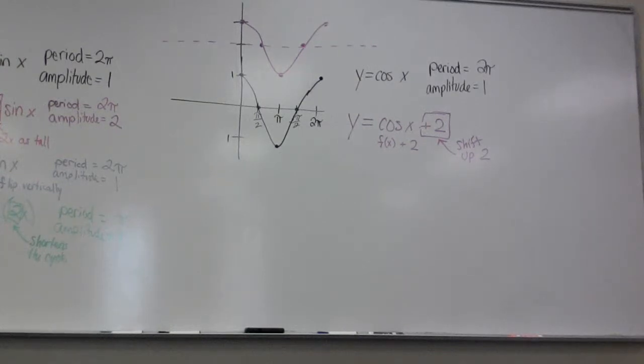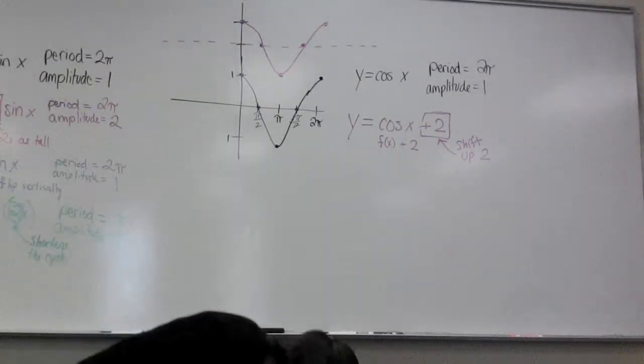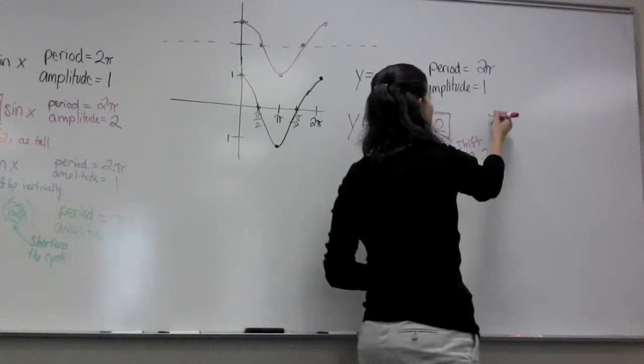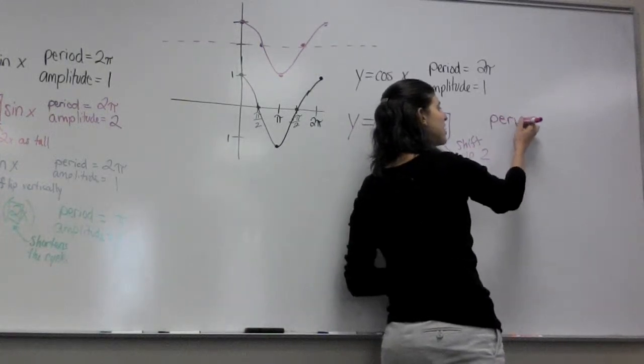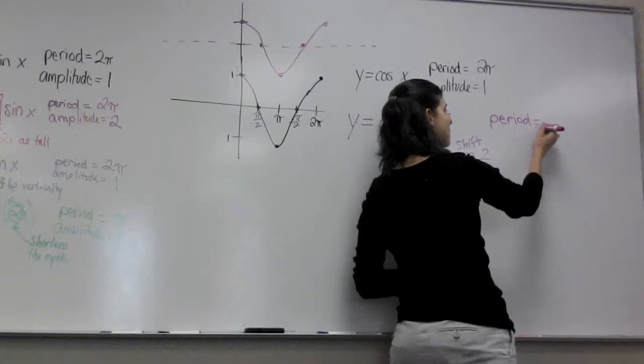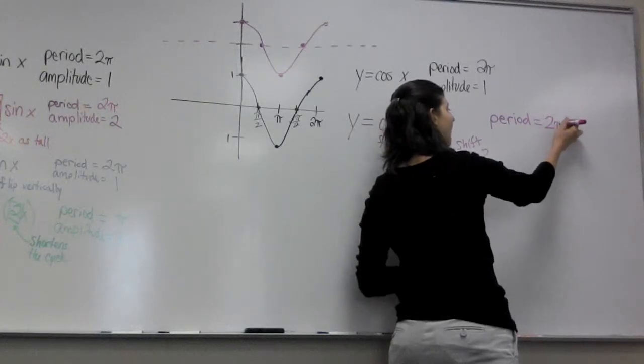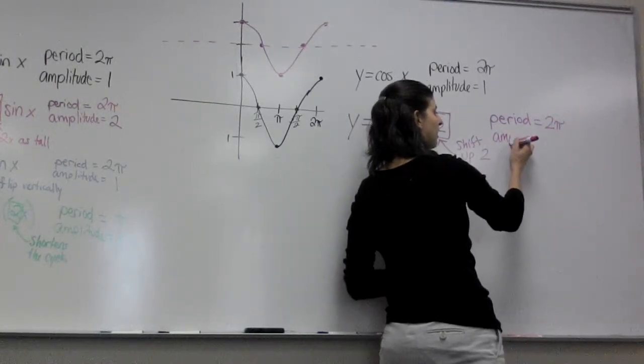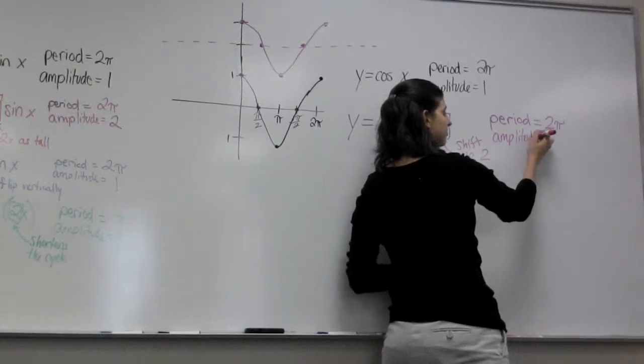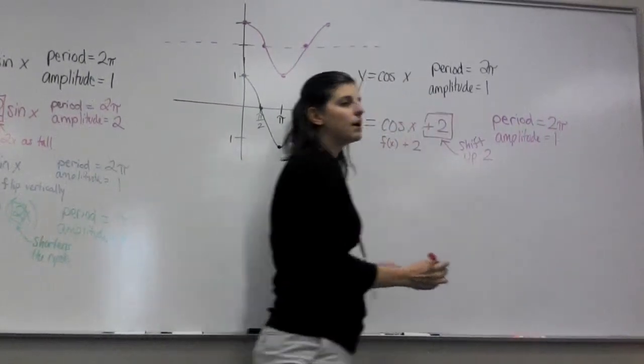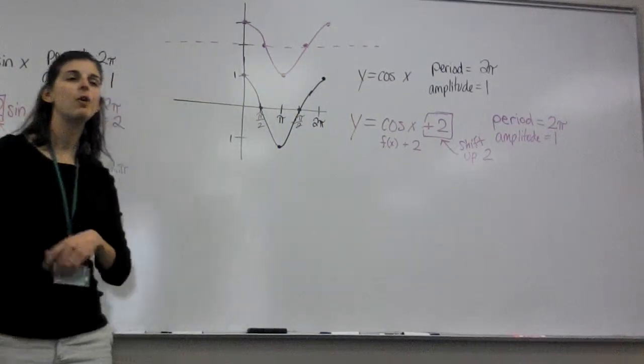Question: what's the period and what's the amplitude? The period and the amplitude have not changed, have they? They are still 2 pi and 1 respectively.